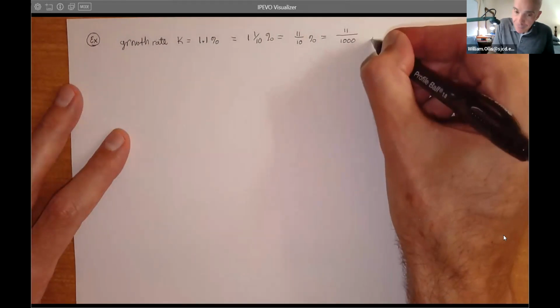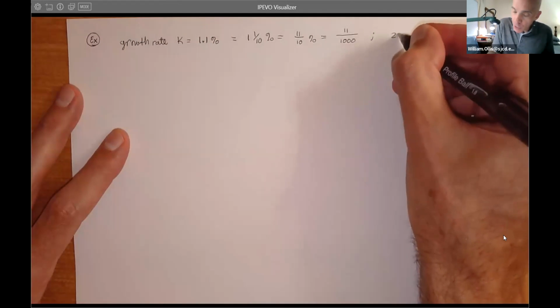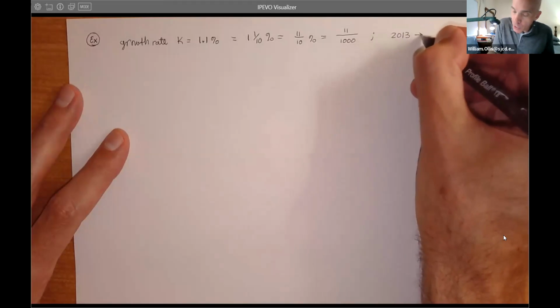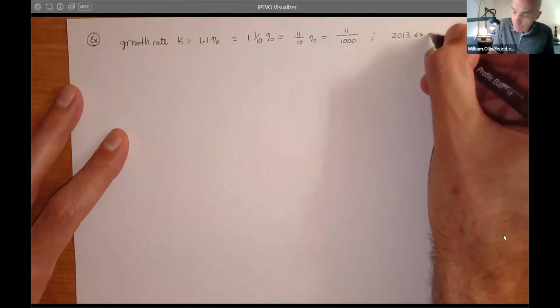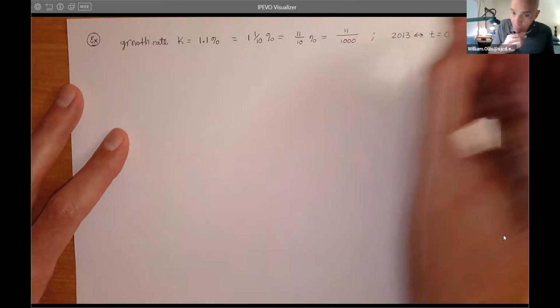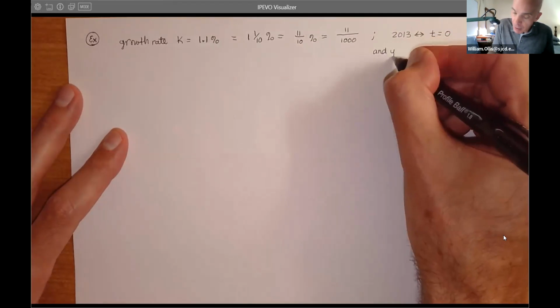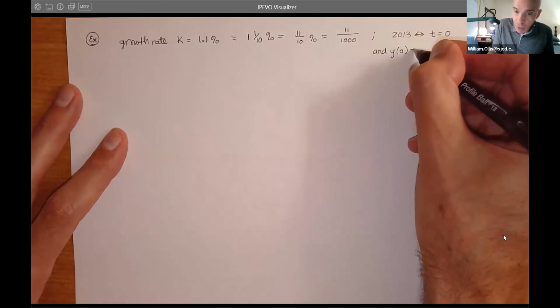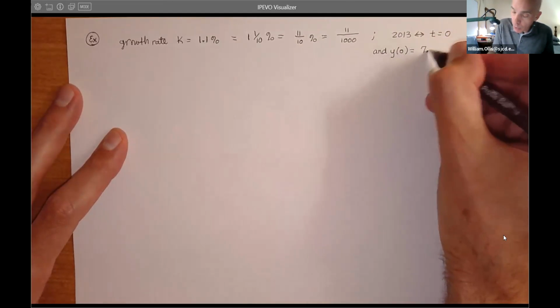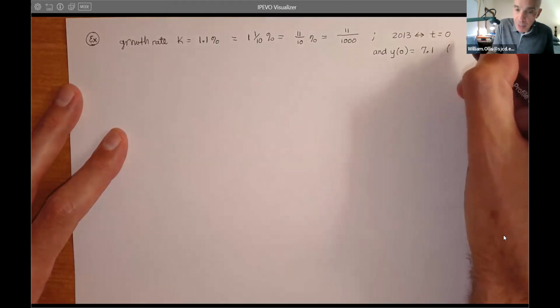And then we're going to have 2013 correspond to t equals 0. Another population problem, and y of 0 is going to be 7.1, and this will be in billions.